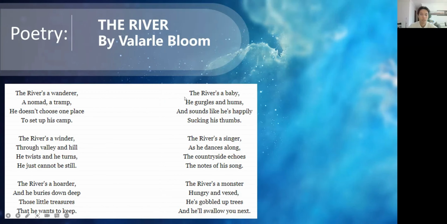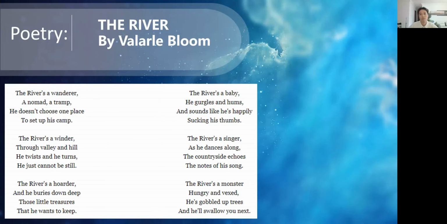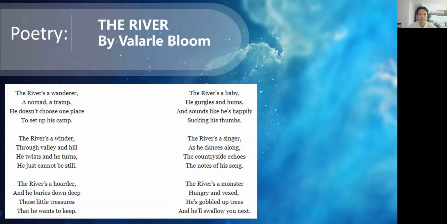Alright, so we can see that the first stanza is actually describing the wanderer, okay? A nomad, a tramp, and he does not choose one place to set up his camp. So from this stanza, we can see that the river is characterized as a wanderer, a nomad or tramp.